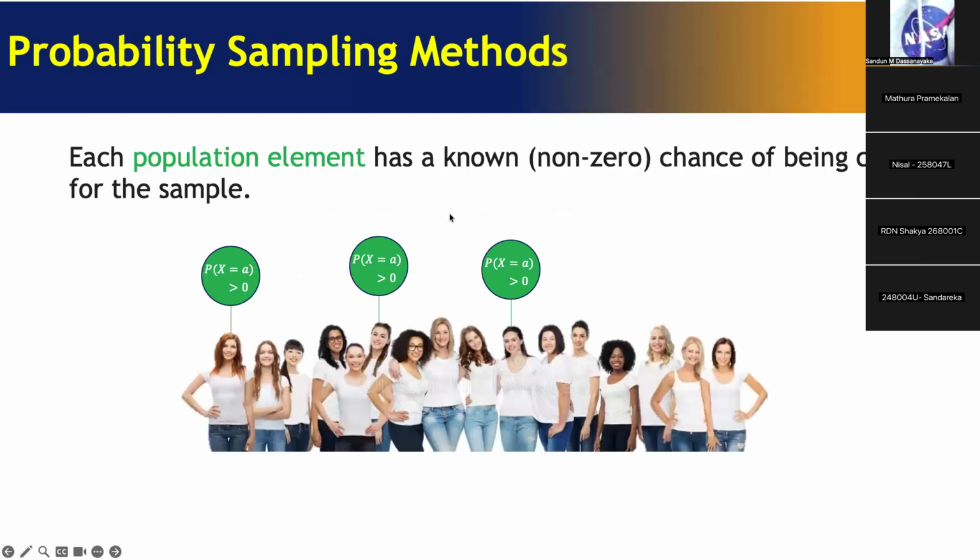So each population element has a known non-zero chance of being chosen for the sample, right? So anybody can be the pick. When we have that specific sampling frame, each element has that chance because it's inside that sampling frame. That's what it said, non-zero chance of being chosen.